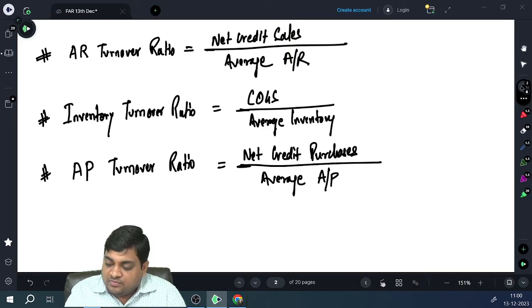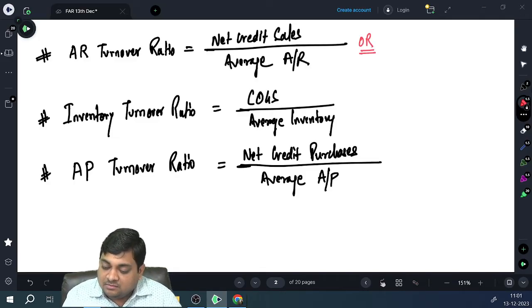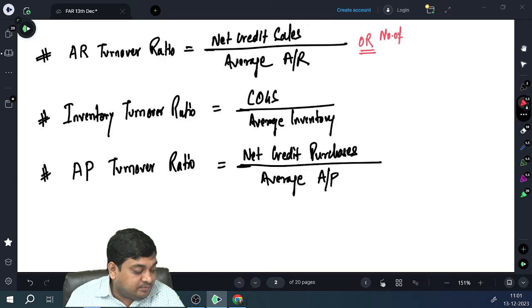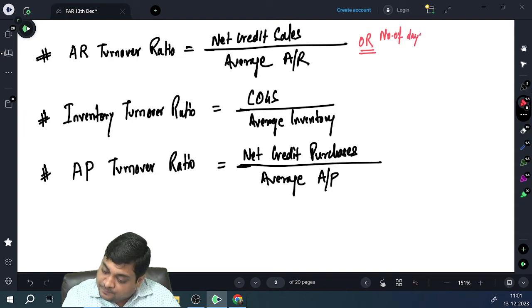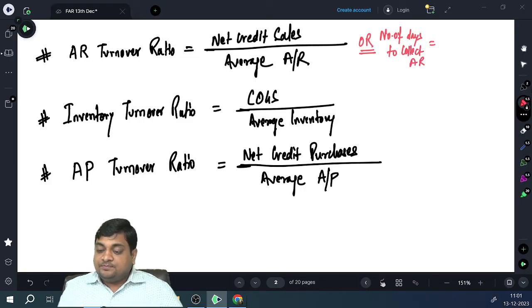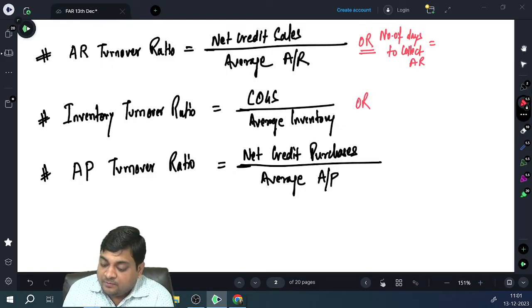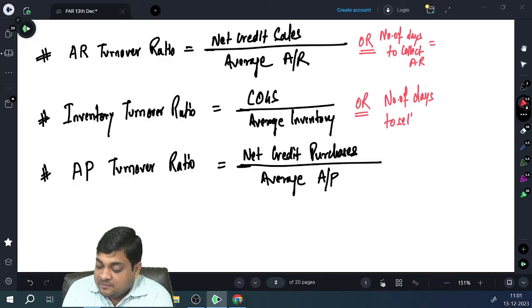Now sometimes they might tell you to calculate in terms of days, so it will be number of days to collect accounts receivable, number of days to sell inventory.